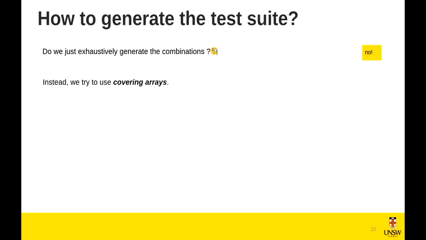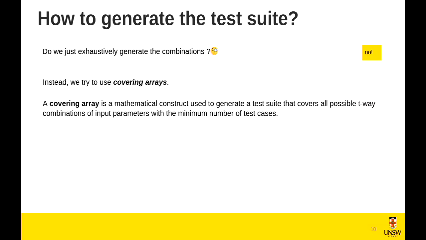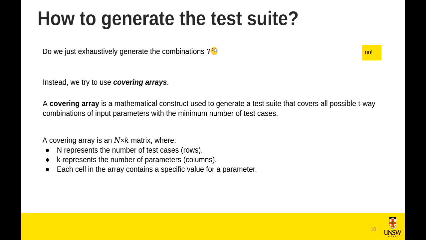The reason is that we can use a concept called covering arrays. A covering array is basically a matrix, or it could be represented as a table. And let's see what is inside this covering array. It is an n times k matrix where the rows represent the test cases, and the columns represent the parameters.